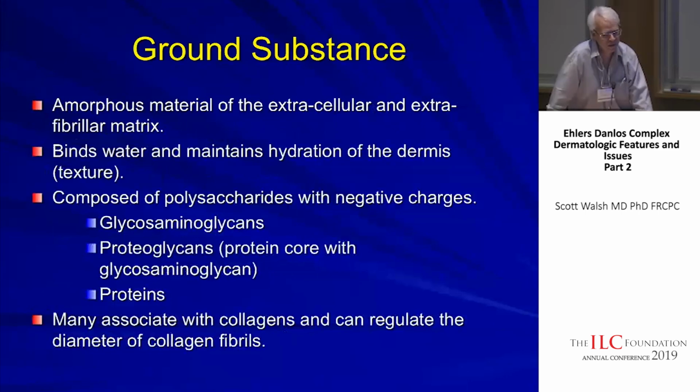The ground substance is all that stuff in between elastin and collagen and linking it together. So these are about 50 to 70 different proteins, probably about 50 different growth factors that sit in the matrix, and a whole bunch of sugars that hold water within the matrix.